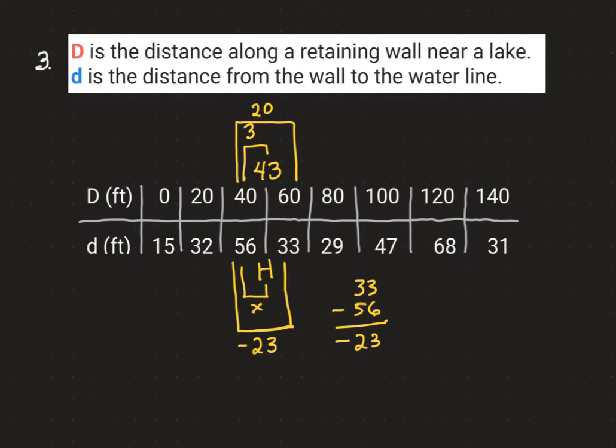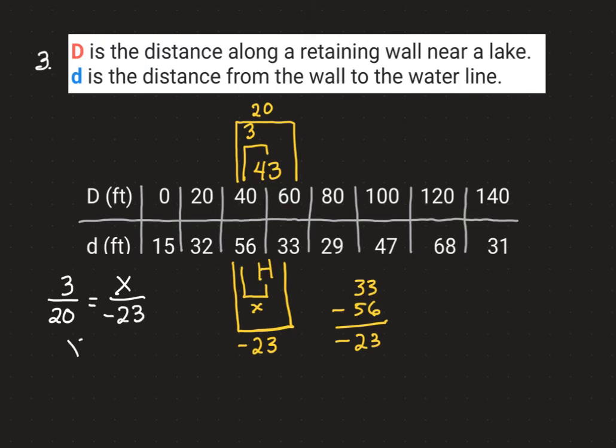For the distance along the retaining wall, I'm going to write down a ratio of 3 over 20, the part over the whole. And then for my distance from the wall to the water, I have x over negative 23.